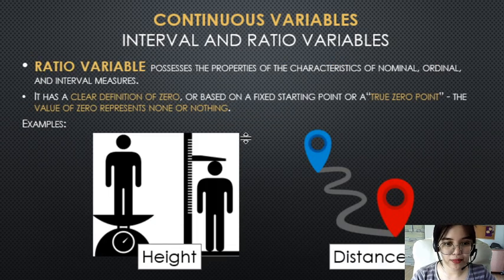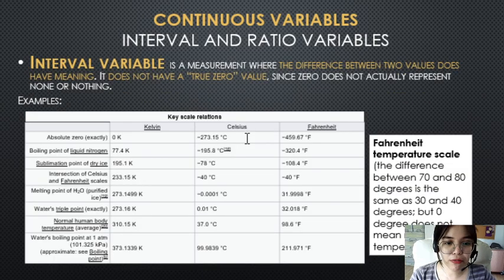So, how about the ratio variable? So, kay ratio variable naman, okay, it possesses the properties of the characteristics of nominal, ordinal, and interval measure. By the way, I forgot to mention about that. Si interval variable, siya ay may category, siya ay may ranking din, pero may nadagdag tayo. It does not have a true 0 value.